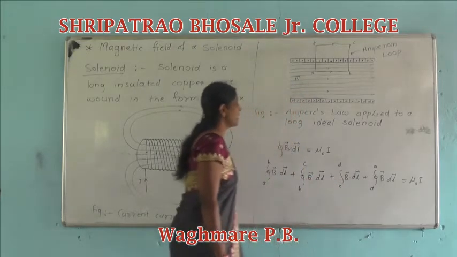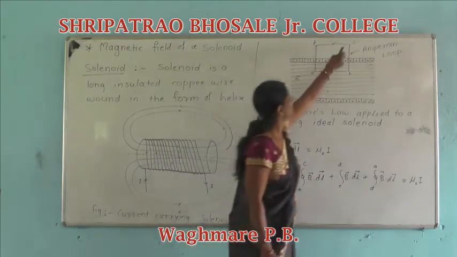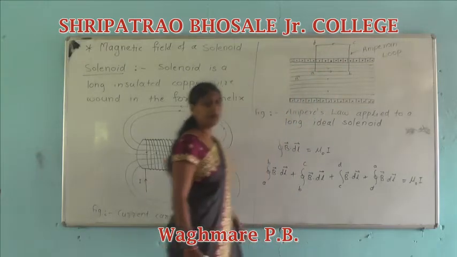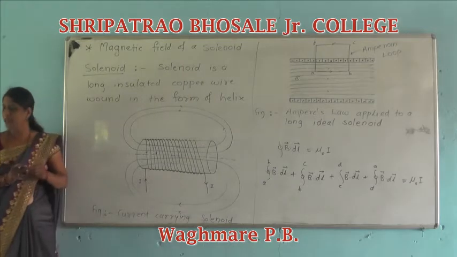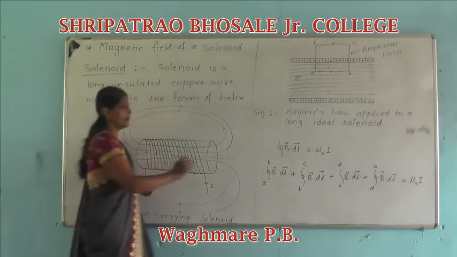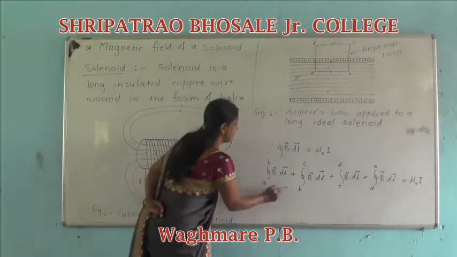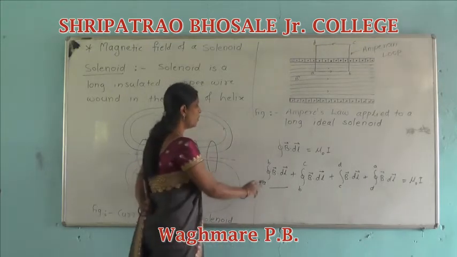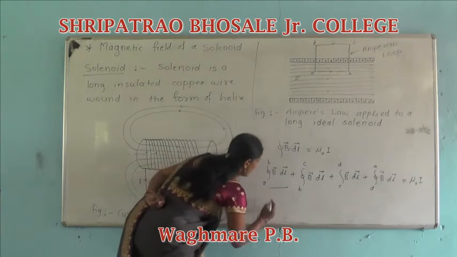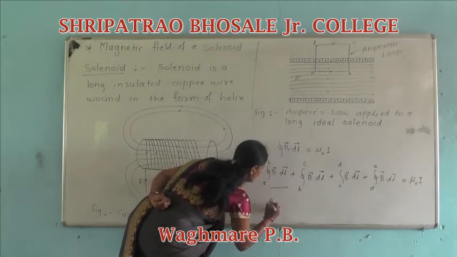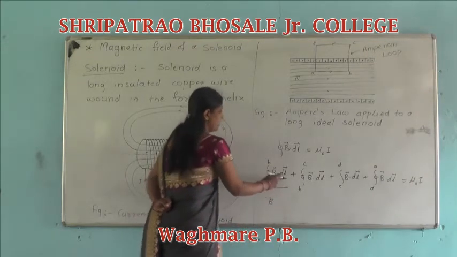So all these terms become 0, and we can take the integration over line AB, B into dl, and this will be equal to B.